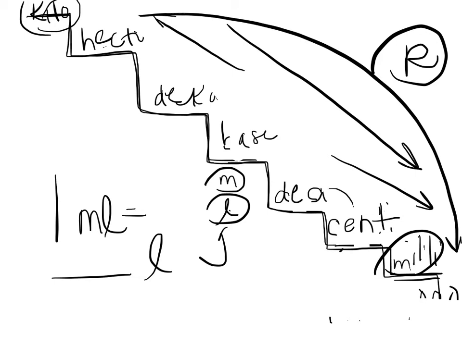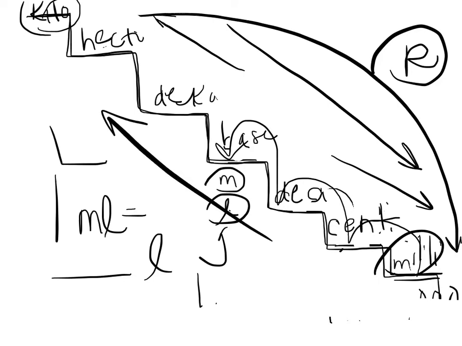So I need to go 1, 2, 3 to get up to base. So I need to move my decimal point 3 to the left because I'm going up the stairs. My decimal's here, so I go 1, 2, 3. So 1 milliliter is 0.001 liters.